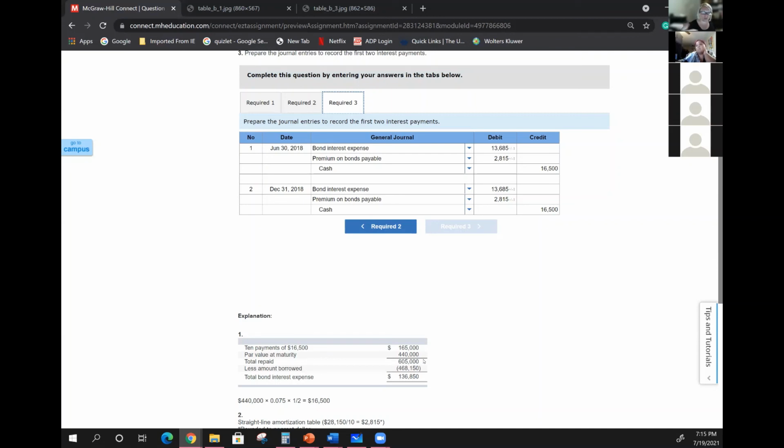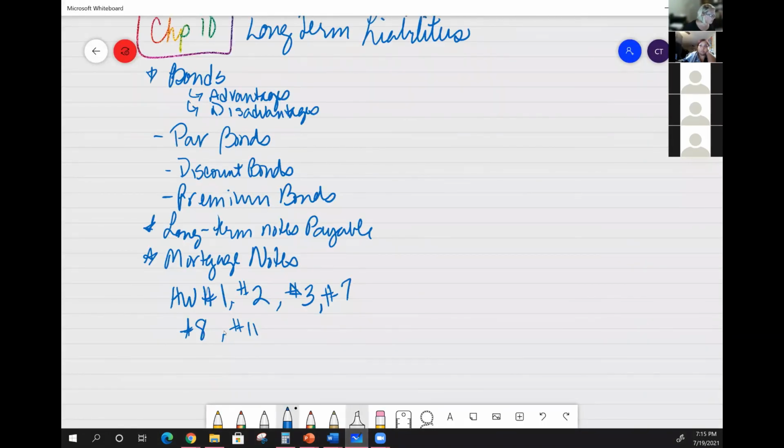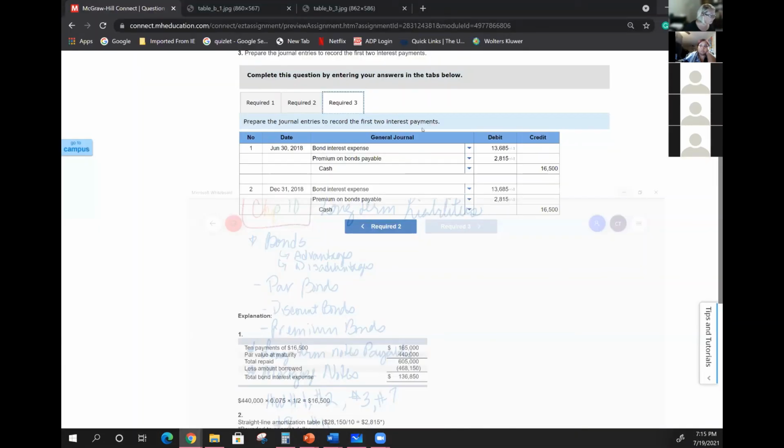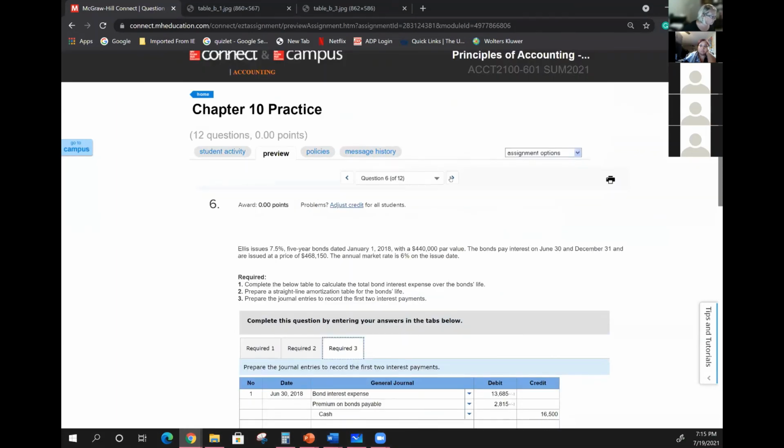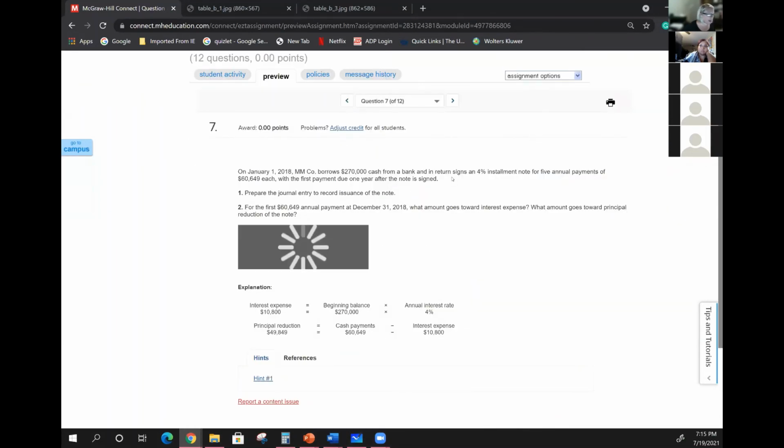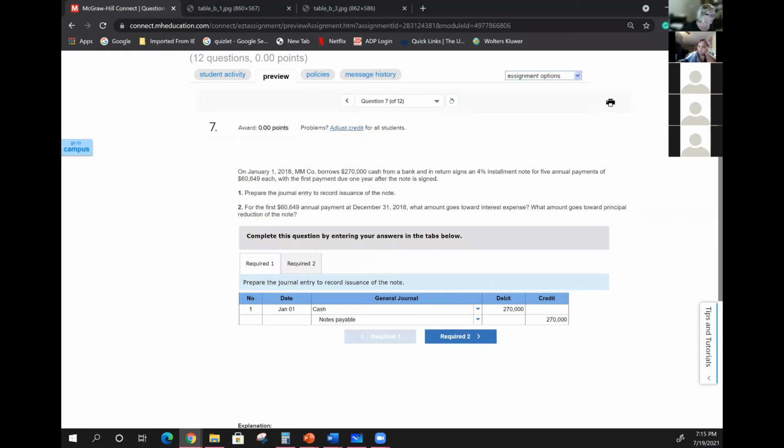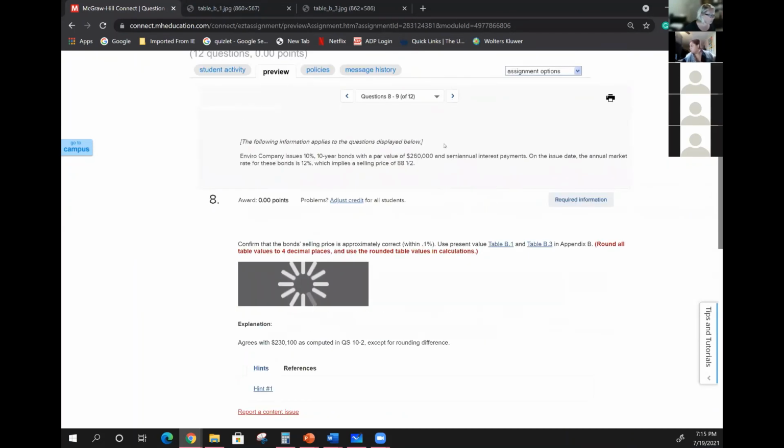Once it goes to maturity, you want to clear it off the books. I think this number 11 is the call. So maybe we can call it back early and pay it off early.